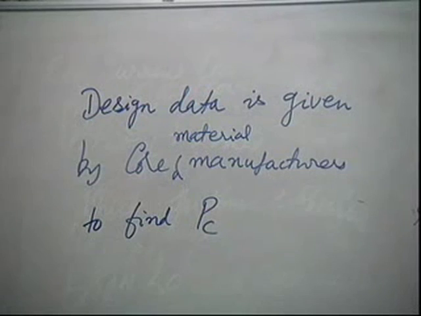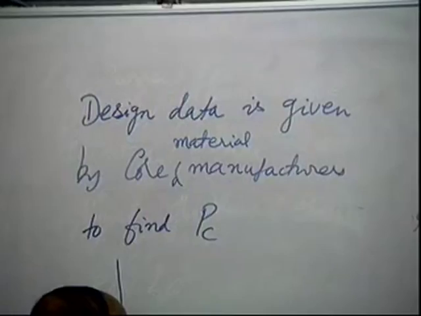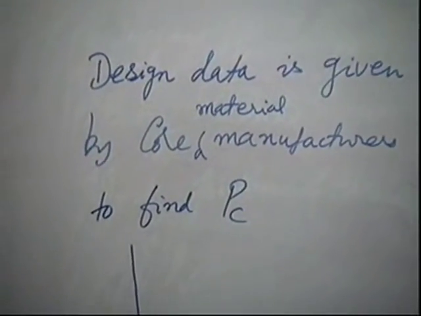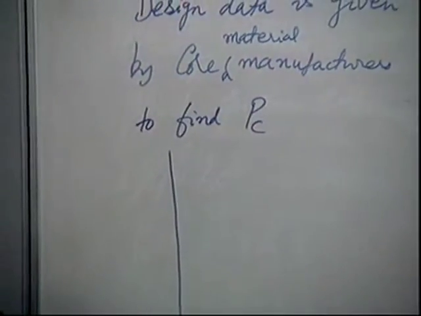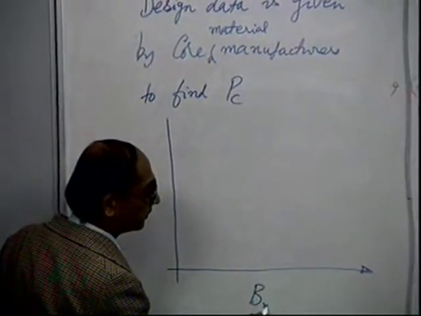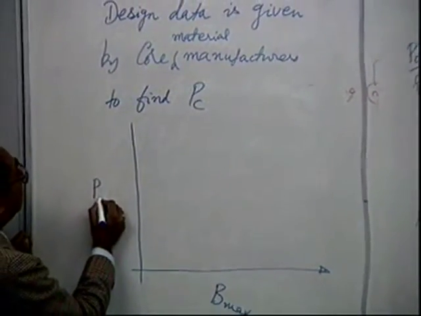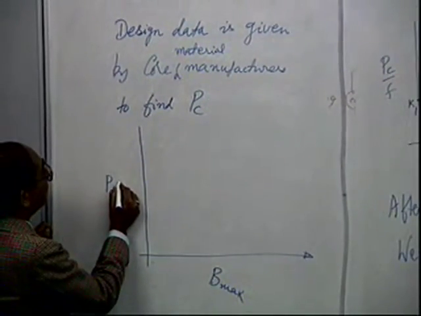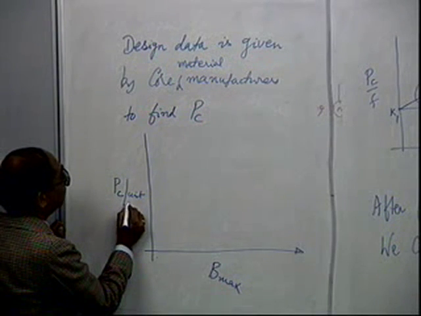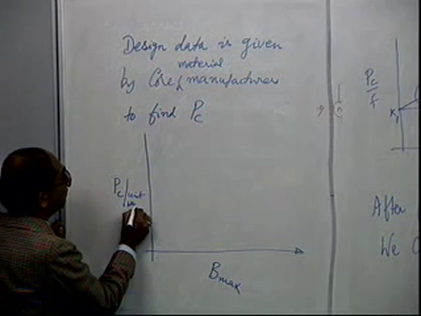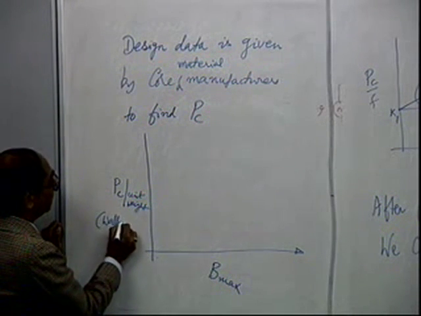Now what they give is, for a given Bmax, they will tell you the core loss per unit weight or volume, that means it may be watts per kg.